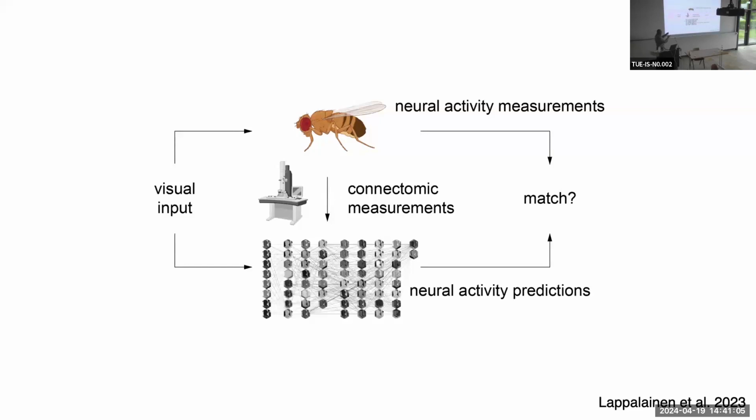And we asked, once we build this simulation without ever having fit this model to neural activity, can we predict the neural activity measurements made in the lab? And how well does our model make these predictions? If we can do this, then that suggests that this connectome is a really valuable measurement to have made, now that we can make it super comprehensively.